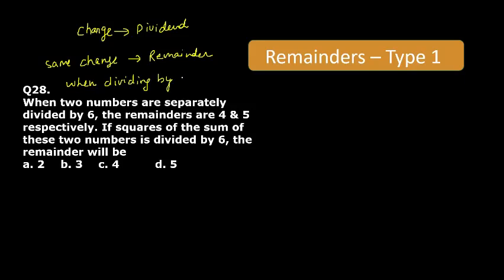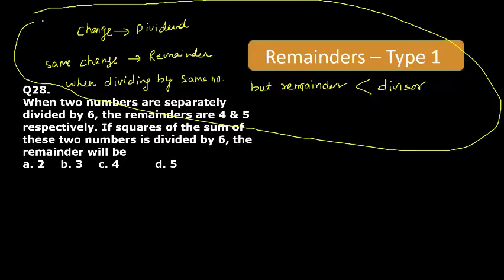But the remainder should be less than the divisor. You can note it down again. If you do any change with the dividend, your number, the same change will happen to the remainder when you are dividing both by the same number. In both cases, you are dividing by the same number, but your remainder should always be less than the divisor.